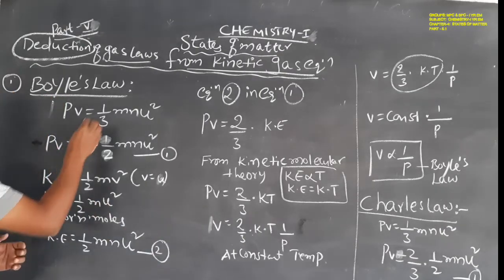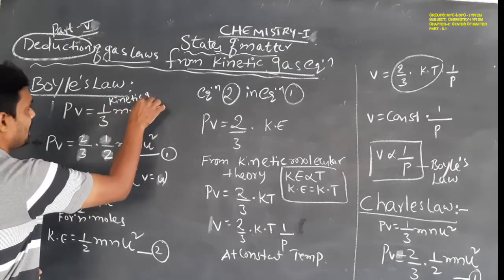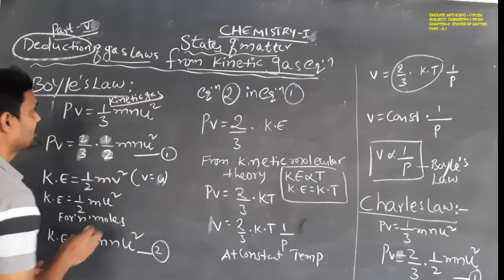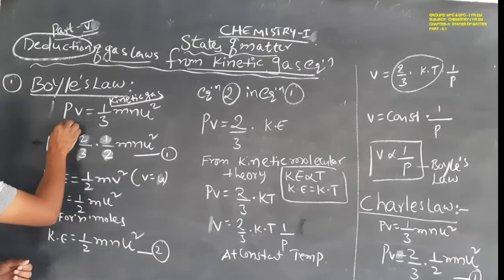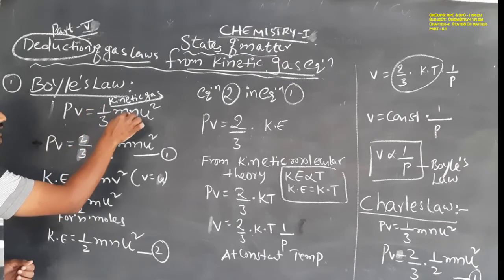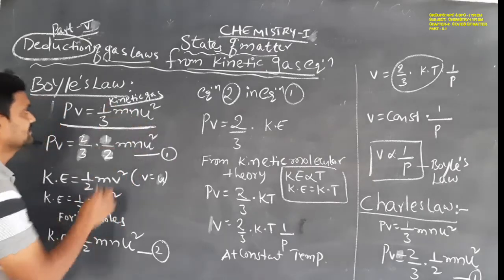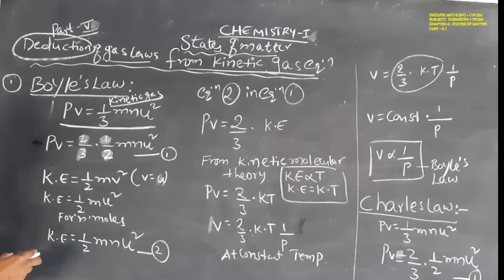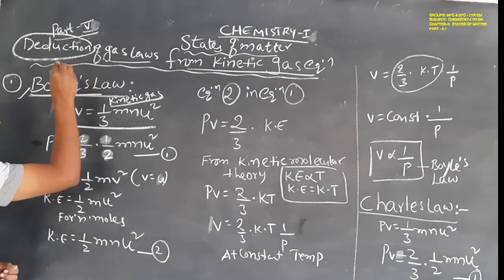The kinetic gas equation, what is that? We already know the kinetic gas equation is PV equals 1 by 3 mNu square. So this is our kinetic gas equation, and from it we can derive Boyle's law.